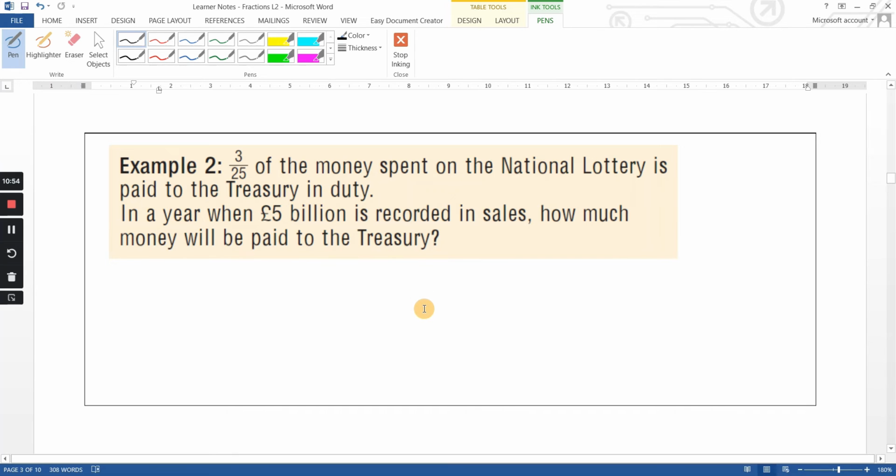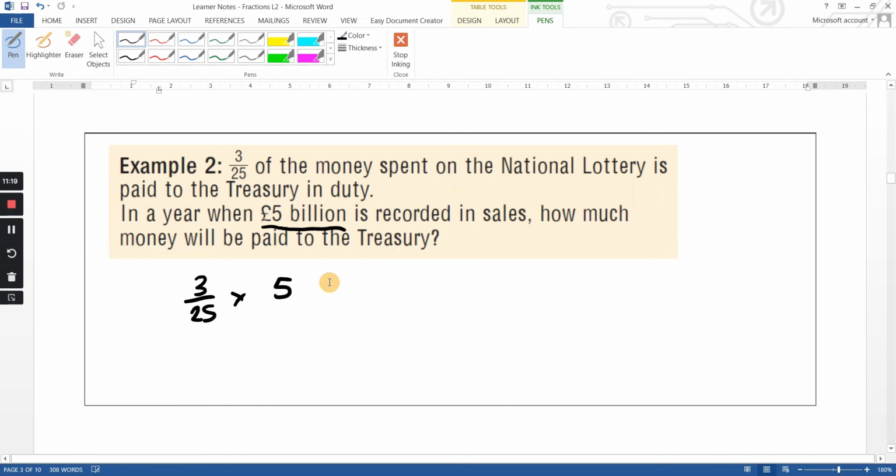Example 2. 3 out of 25 of the money spent on the National Lottery is paid to the Treasury in duty. In a year when £5 billion is recorded in sales, how much money will be paid to the Treasury? So I need this as a number. I need to work out 3 over 25 times 5 billion.